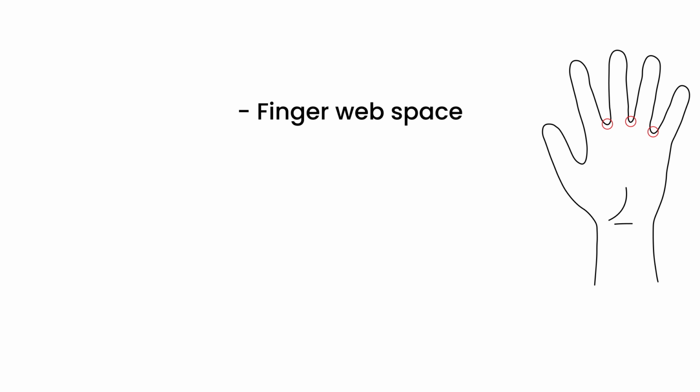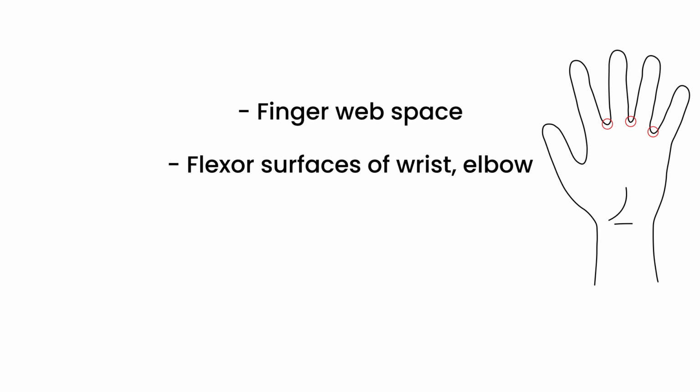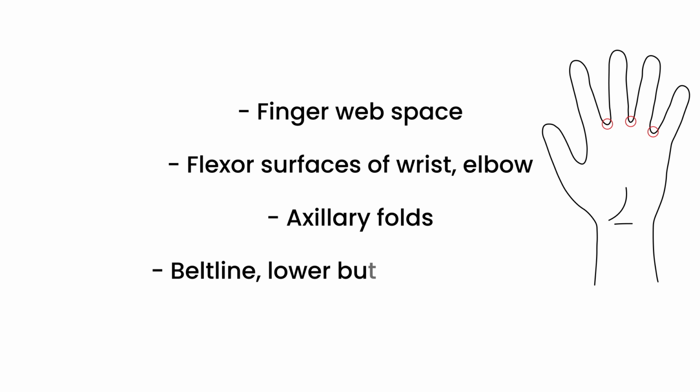Other common places are the flexor surfaces of the wrist and elbows, and also axillary folds, the belt line, and the lower buttocks, and also the genitalia can be affected as well. So these are some of the locations where you can see those papules.